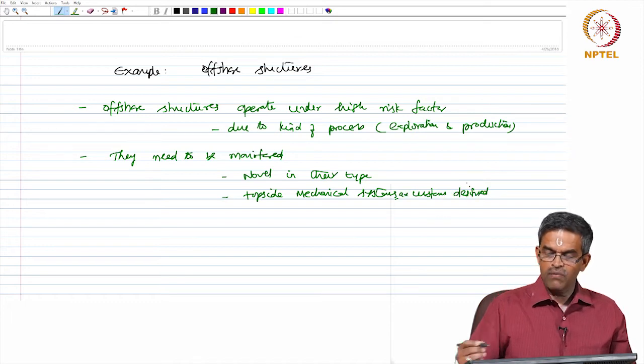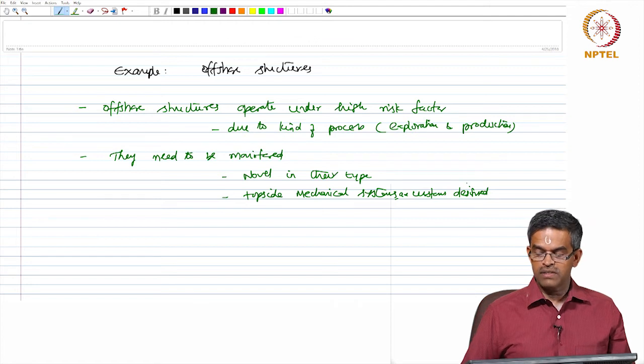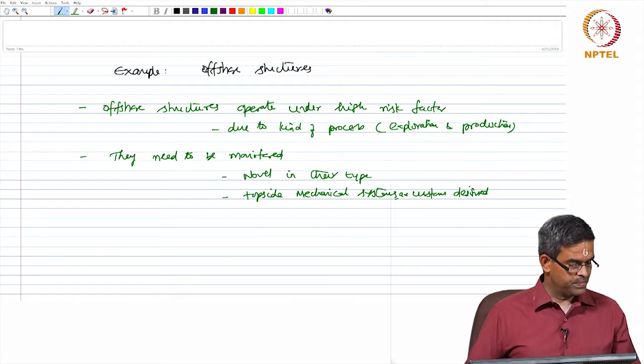So, to rebuild a platform, it takes a lot of effort and cooperation from multi-segment, multi-speciality engineers and companies. Therefore, we cannot afford to lose a platform because of any human error or human oversight or otherwise because of environmental features or the loads.